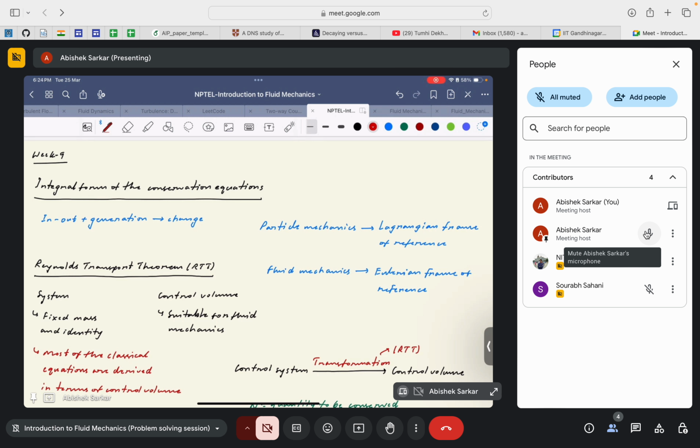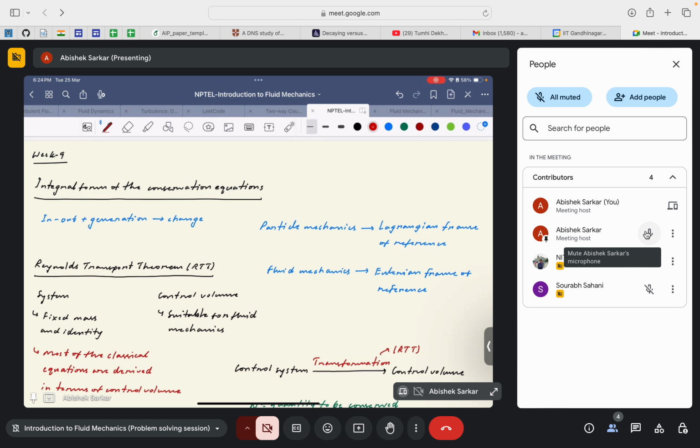Nevertheless, the Lagrangian analysis can give much more accurate results, but it's again computationally very expensive, and quite often this computational expense for the amount of accuracy that we gain by Lagrangian analysis is not that fruitful.